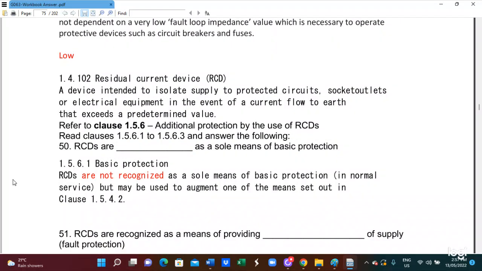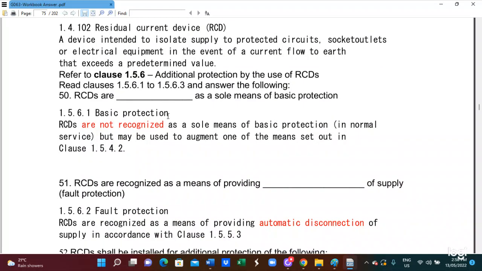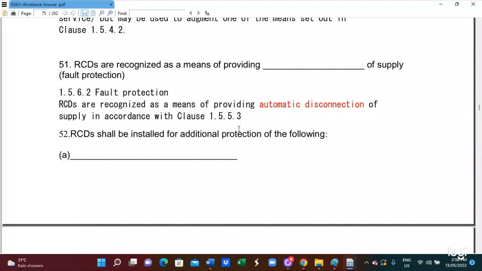The RCD is a device intended to isolate the supply to protect the socket outlet or electrical equipment in the event of earth current flow, then AC that determines the value. And basic protection: RCDs are not recognized as a means of basic protection. So RCDs are not a basic protection. RCDs are recognized as a means of providing automatic disconnection of supply, which is also important.